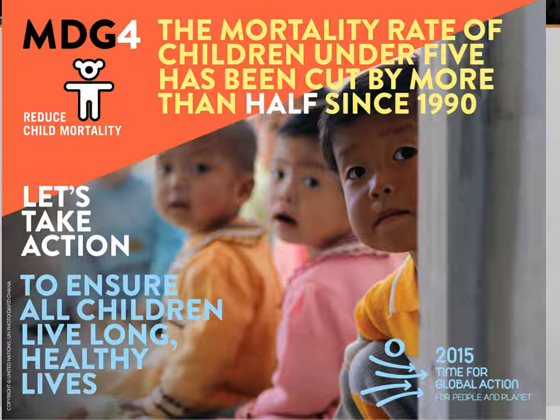They want to reduce that to under 12 deaths per 1,000, and they want under 5 to be less than 25 per 1,000. Remember that it is currently at 43 per 1,000, down from 90 in 1990. So just during my lifetime, we've seen it drop from 90 down to 43, and they're shooting by 2030 to have it down to 25.